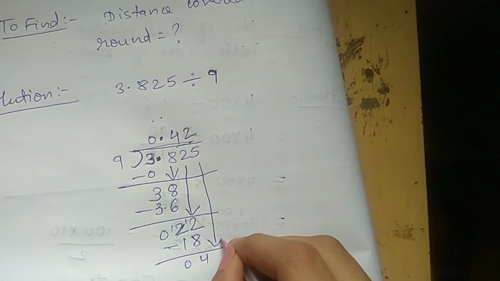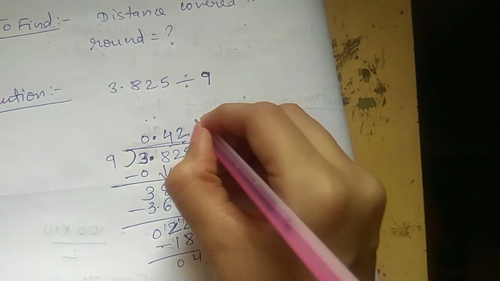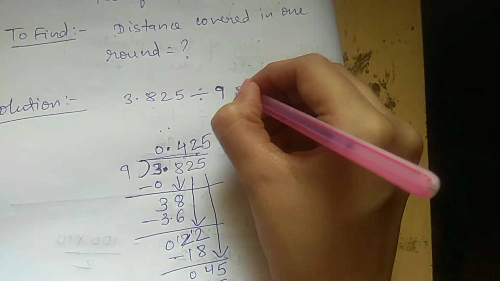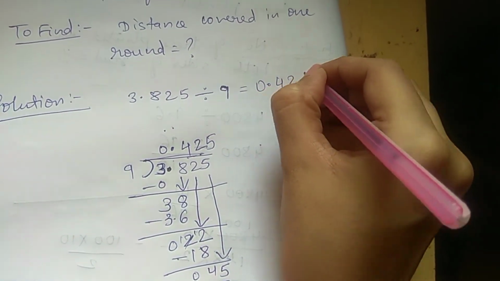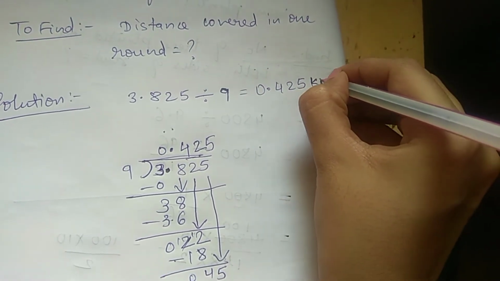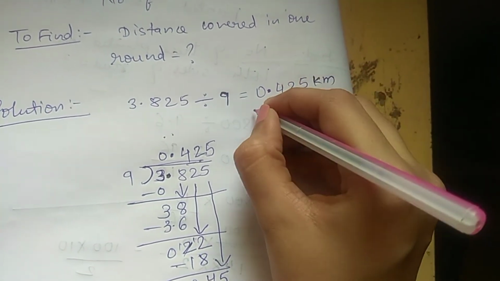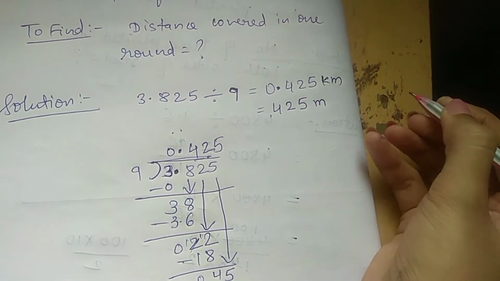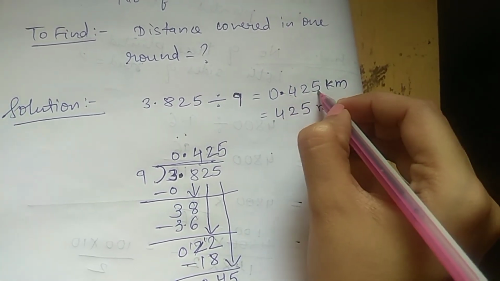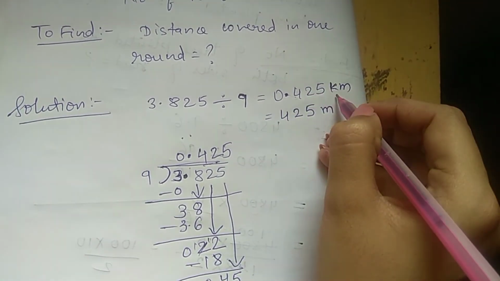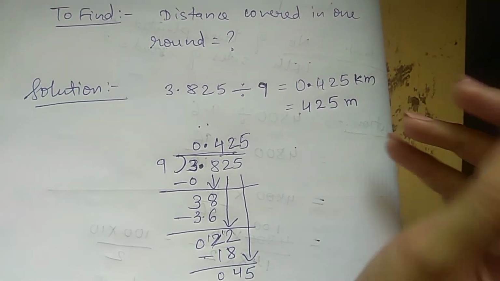Lastly, we are taking 5 down. 9 5s are 45. So what's the distance covered? 0.425 kilometer, or we can say 425 meters. After the decimal, we will count it as meters. And when we are writing in terms of decimal, we will write kilometer.